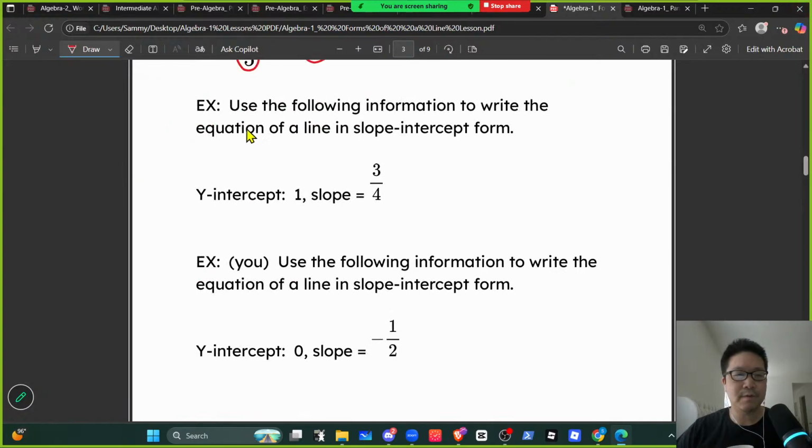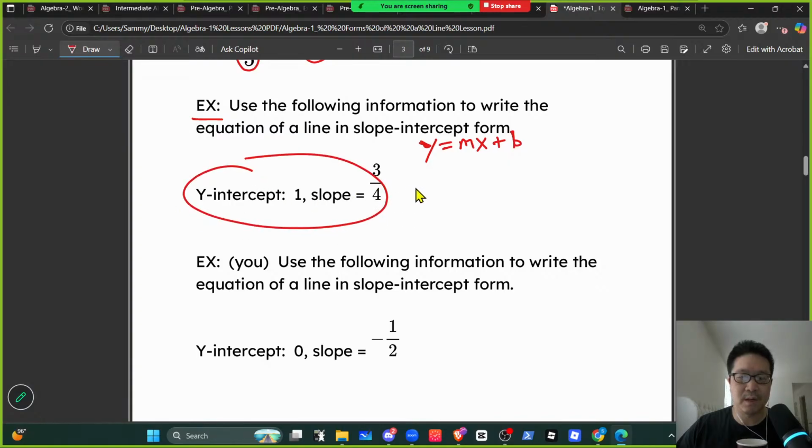It says use the following information to write the equation of a line in slope-intercept form. We'll just do this together. Recall that the slope-intercept form is y equals mx plus b. So you would just put this information in this form.